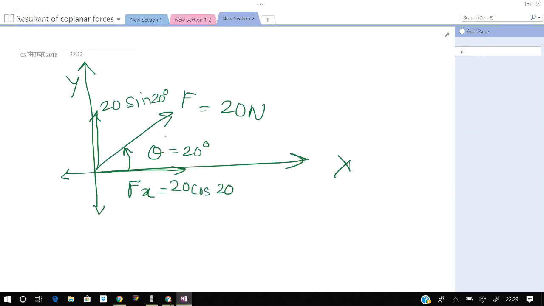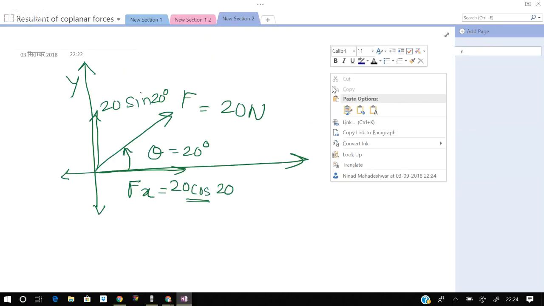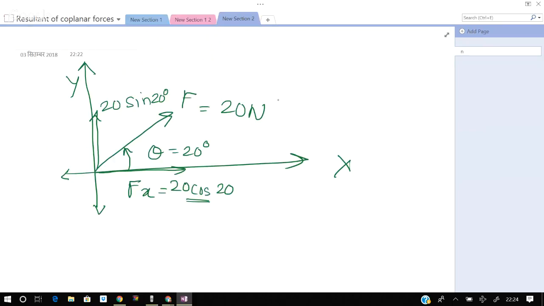degrees. So whenever we have an angle which it makes with a horizontal or vertical, that component is always a cos component, because if we draw the same vector diagram in terms of triangle law, then we get the hypotenuse F is equal to 20 Newton.